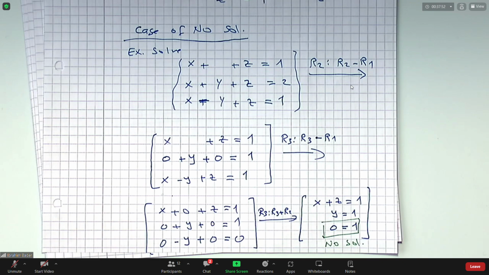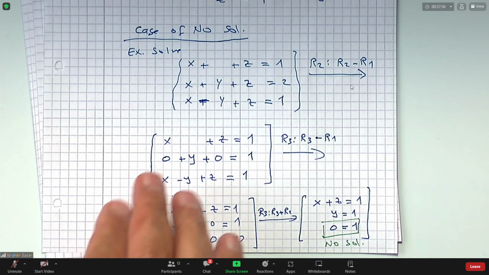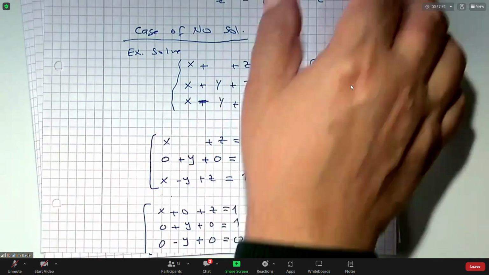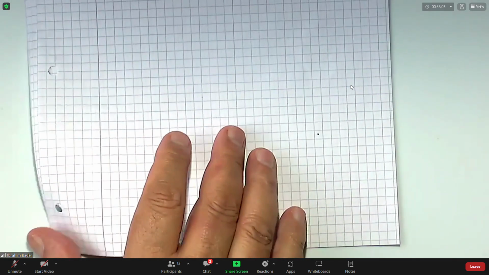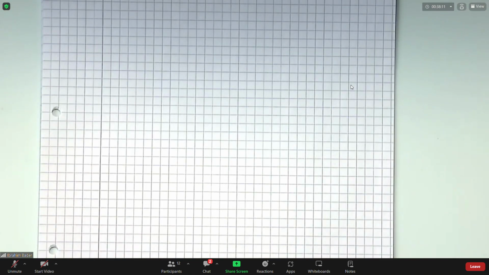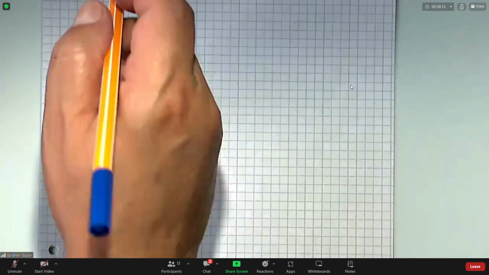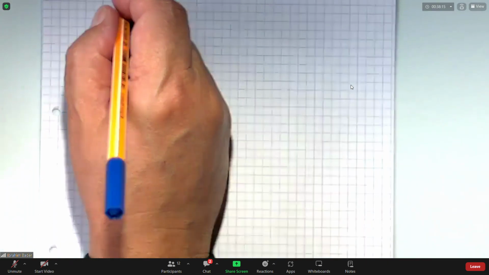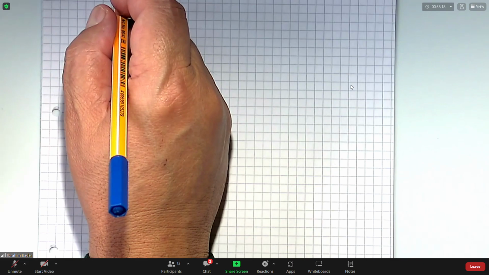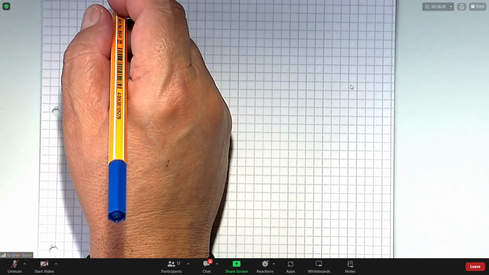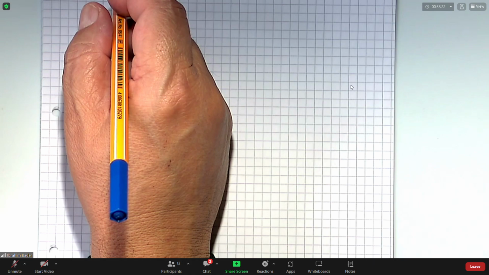Now, let me do something else, and then I will show you a very good attitude while working with linear systems. If we have a linear system, let's assume we have this linear system. Later in the second lecture today, we will introduce matrices and work on matrix operations.